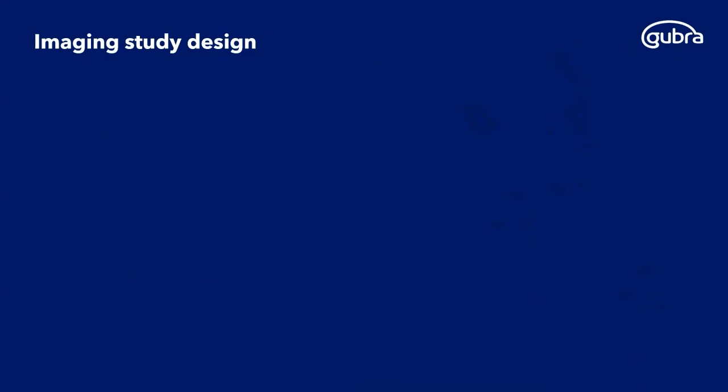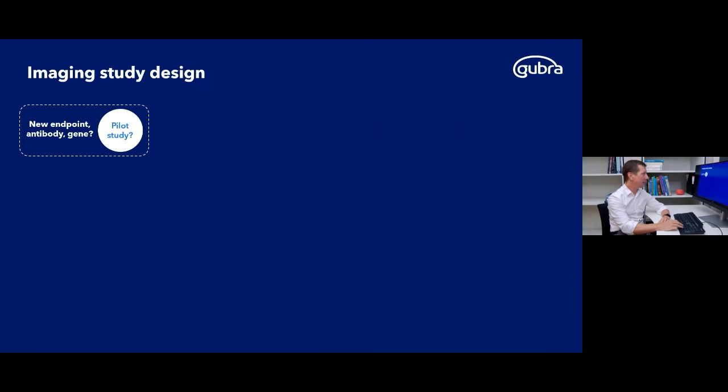So last, just a few final points on how to design a successful imaging study. If it's a completely new endpoint, new antibody, or mRNA target, then perhaps it's sometimes useful to carry out a small pilot experiment before starting with hundreds of samples in one go.